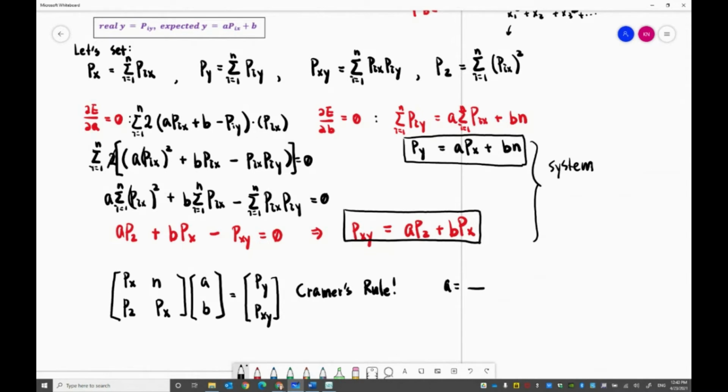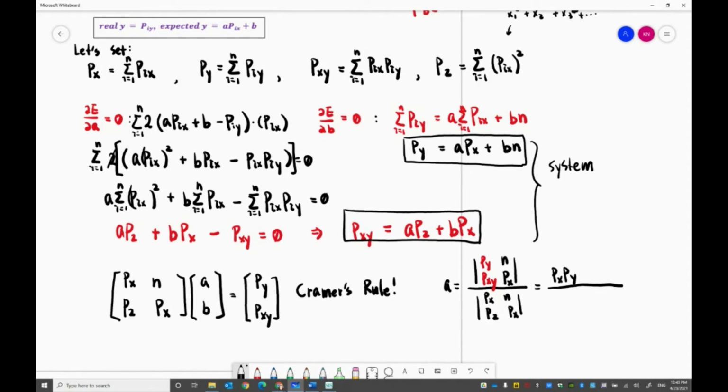So a is the determinant where, instead of the a column, we put the resultant: p sub y, p sub xy. Then the b column stays n and p sub x. Divide by the determinant of the coefficient matrix, p sub x and p sub 2, p sub x. The determinant of a 2 by 2 matrix is ad minus bc.